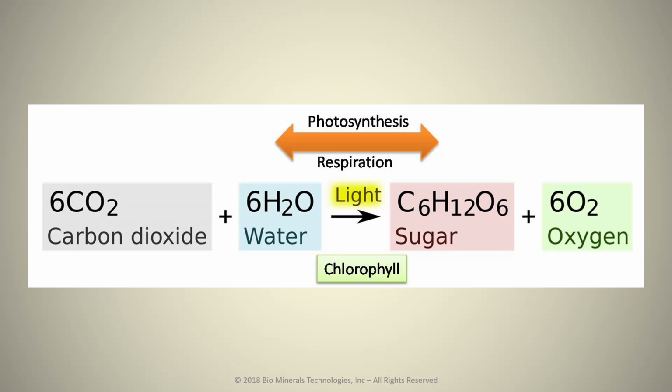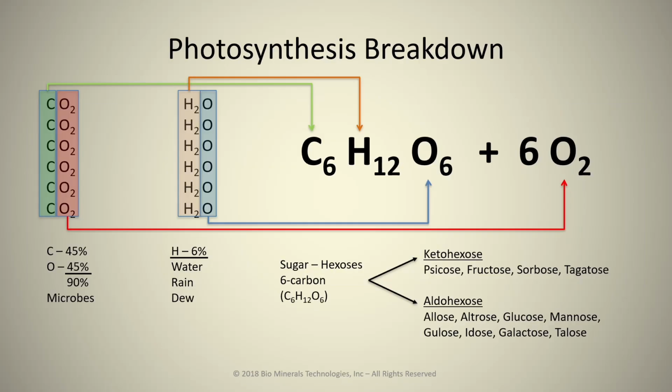This is the chlorophyll. The photosynthesis breakdown is the splitting of CO2, carbon dioxide, and the splitting of water, H2O, to recombine into your monosaccharide 6 carbon, 12 hydrogen, 6 oxygen sugars, plus the 6 oxygens.